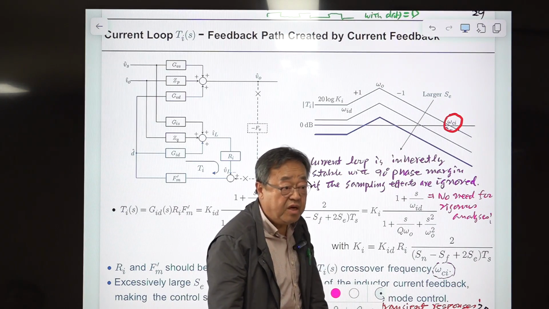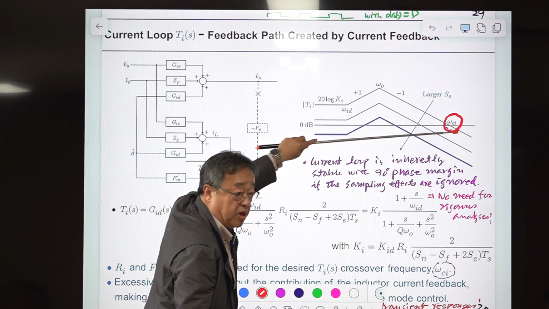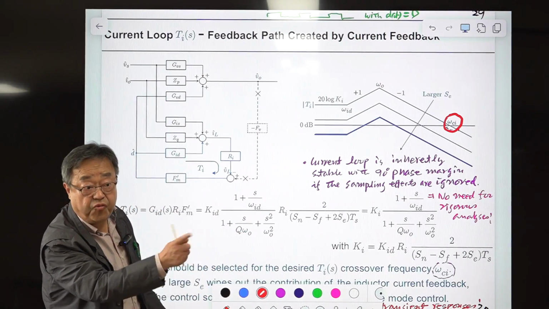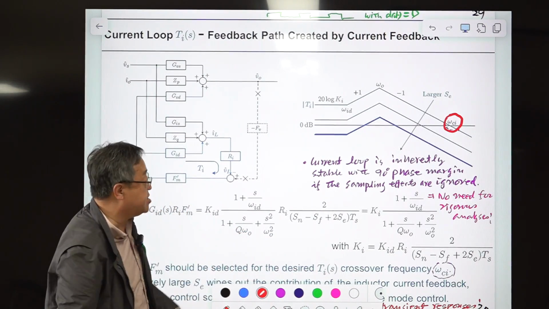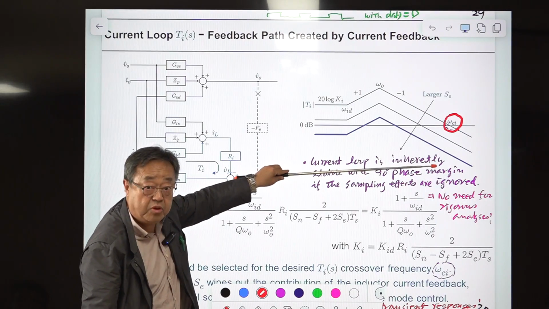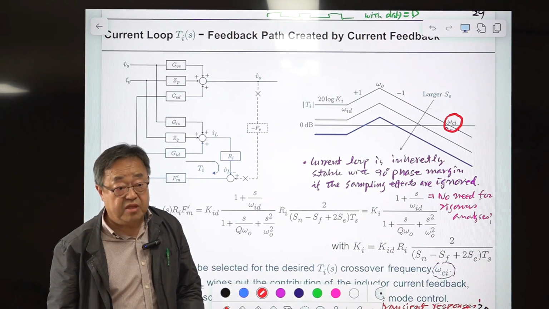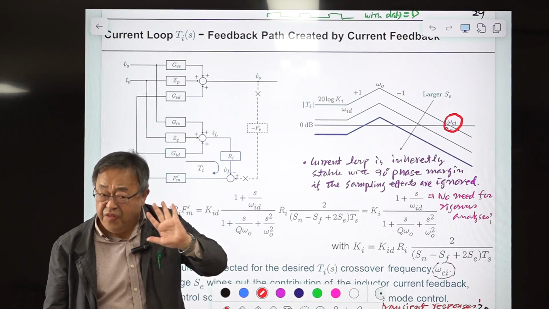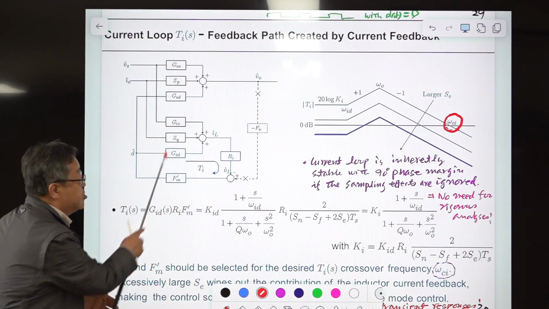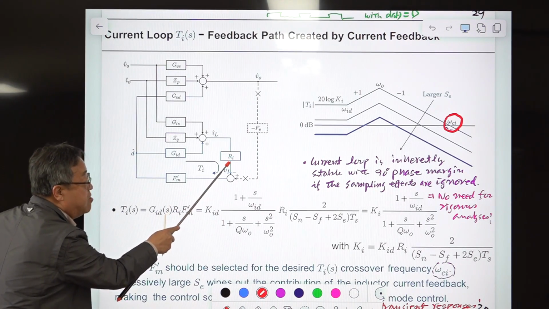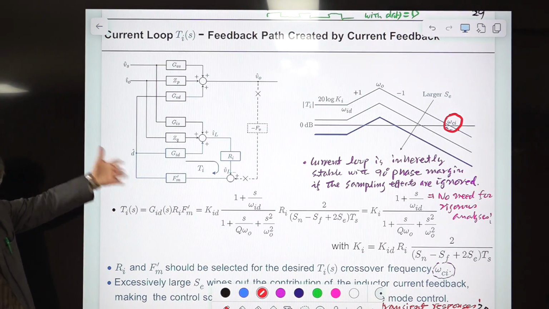That means this is stable, with only the current loop closed. You are employing negative feedback, but that feedback path is inherently stable with a 90-degree phase margin. You cannot make this loop unstable. However much you increase this value, the converter is always stable.